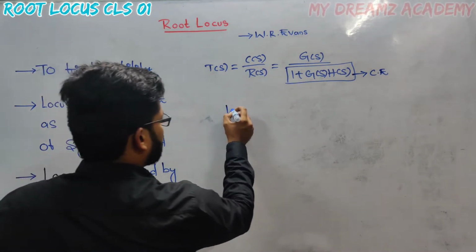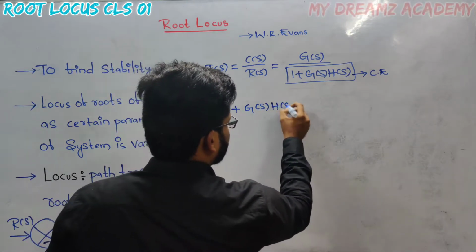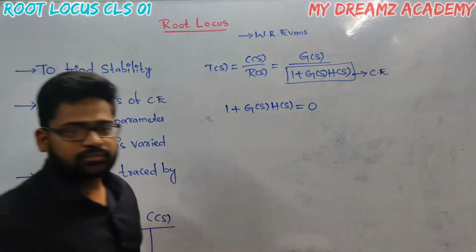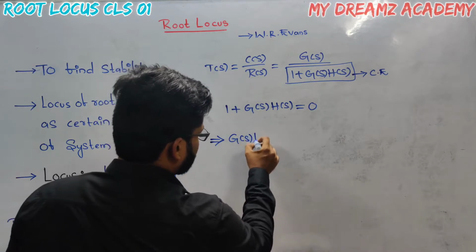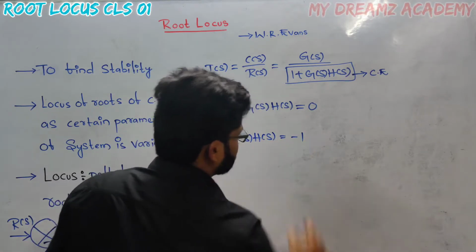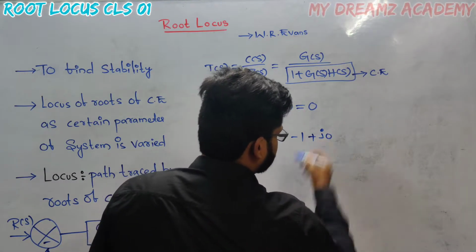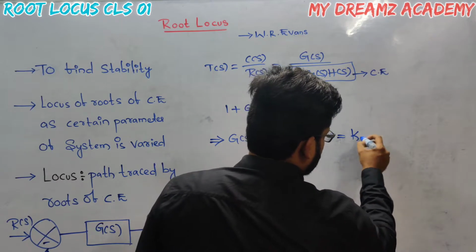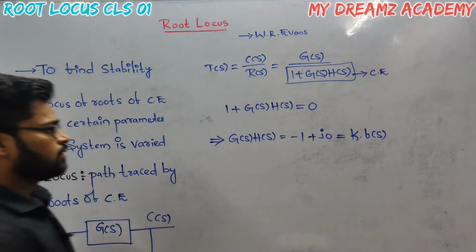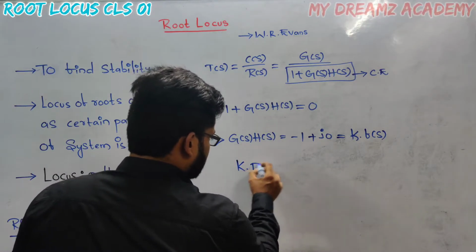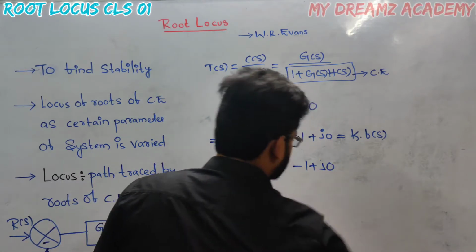Now the characteristic equation is 1 plus G of S H of S equals 0, so G of S H of S is equal to -1. We can write this -1 as -1 plus j0. Assume that it has some constant and some function in the S domain. Here K into F of S is equal to -1 plus j0.